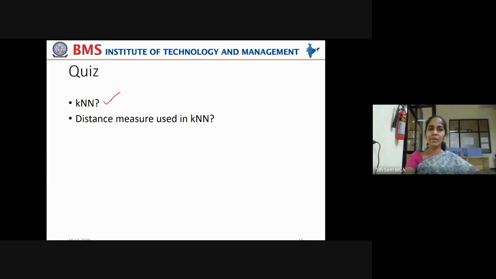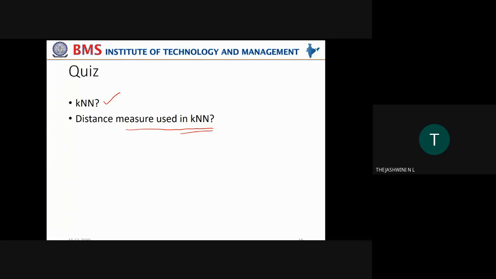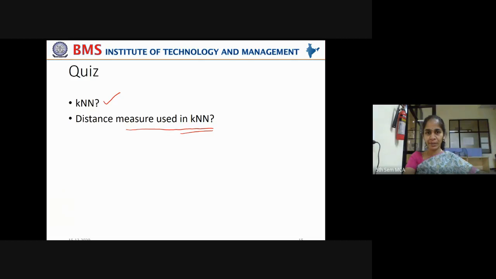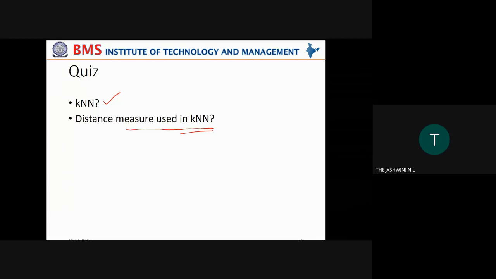Why are you not ready to answer? K nearest neighbor algorithm. What is the distance measure used in K nearest neighbor? Mahalanobis distance or Euclidean distance? Which distance measure? Euclidean distance. Yes, good.